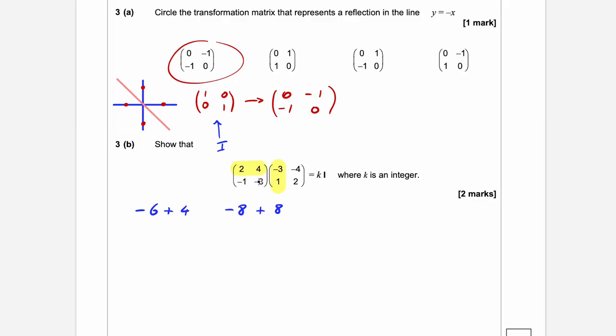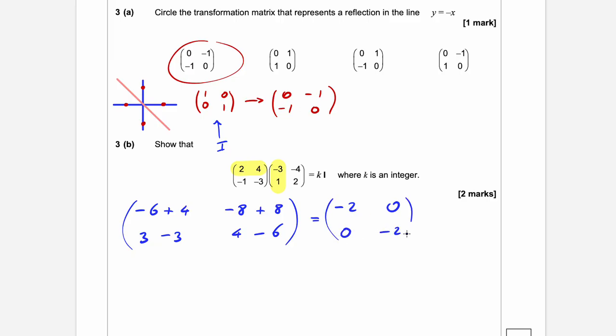Then the bottom left will be this times this, so that's minus 3 times minus 3 is plus 3, and then minus 3 times 1 is minus 3. Then here, minus 1 times minus 4 is 4, and minus 3 times minus 2 is minus 6. Okay, so that's this, and this equals minus 2, minus 8 plus 8 is 0, 3 minus 3 is 0, and this is minus 2.